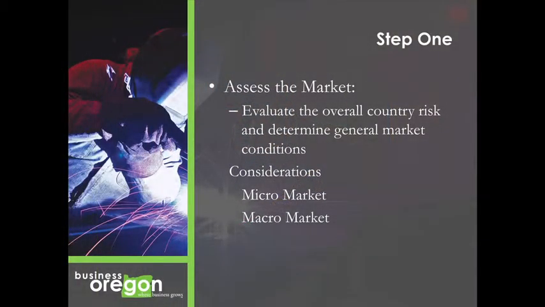One of the most critical issues for international business, as I mentioned, is assessing the market. And assessing the market encompasses 2 different areas of international trade. One is doing your macro market research.